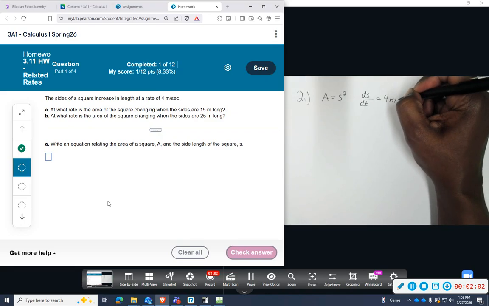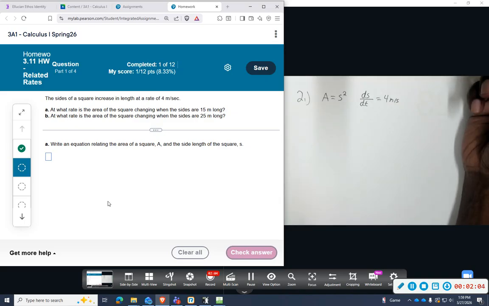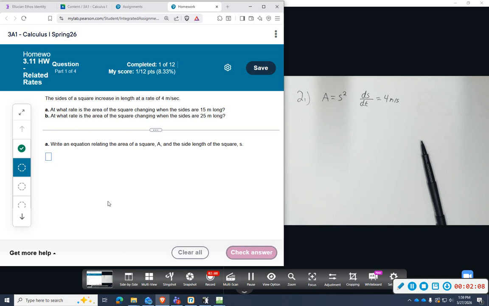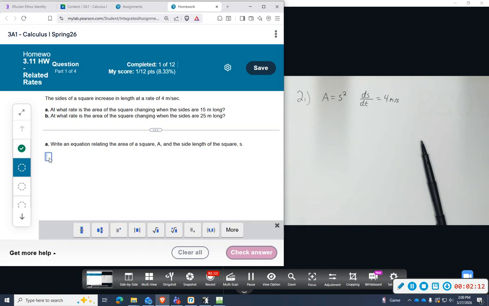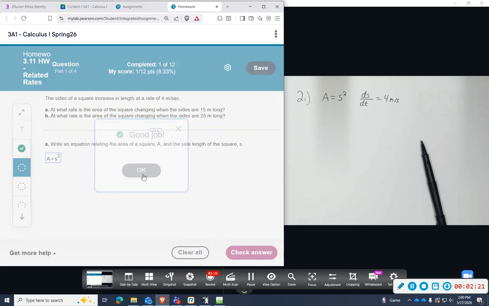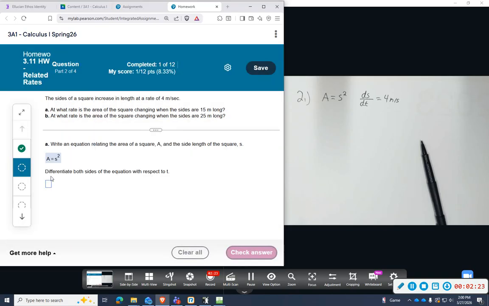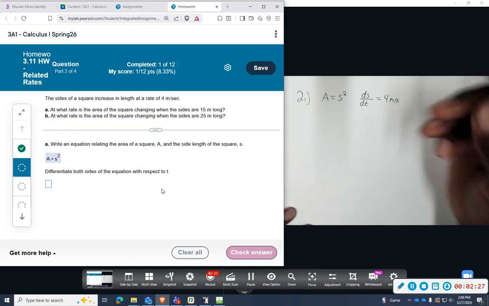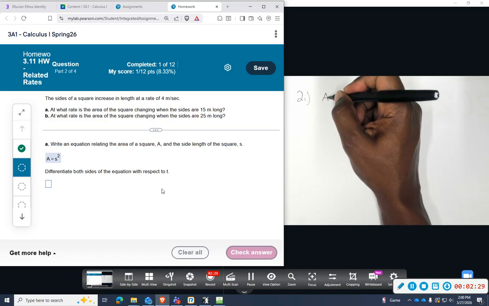meters per second. All right, now we want to write an equation relating the area of a square A to the side of the square S. So that is just going to be A equals S squared. And then we're going to differentiate both sides with respect to t. So when we do the derivative of A, it's dA/dt.